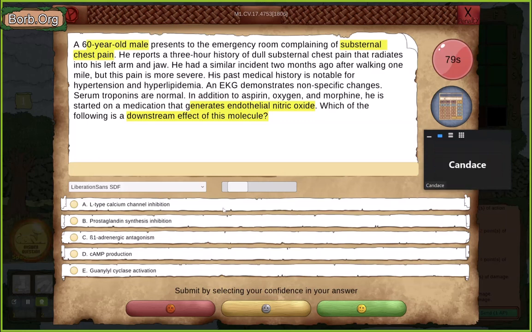Well, nitric oxide would dilate, so are they asking what would help dilate? Yeah. I think what they're trying to get at is, although this is masked and dressed up as if it were a cardiology question, it's really about pathways and drug actions. I wouldn't even call this a cardiac question. I would call this a pathway question, so this would be like biochemistry.